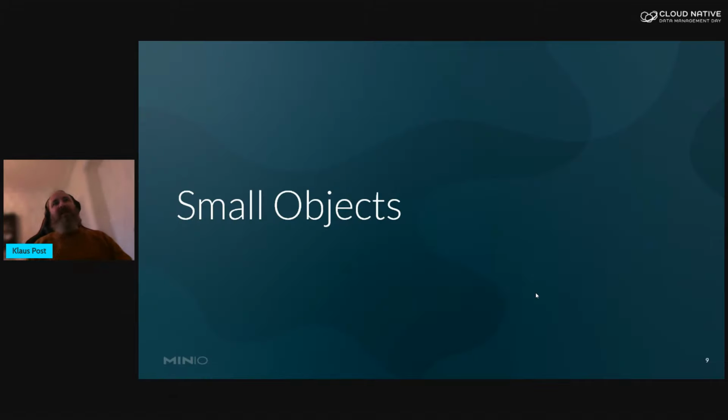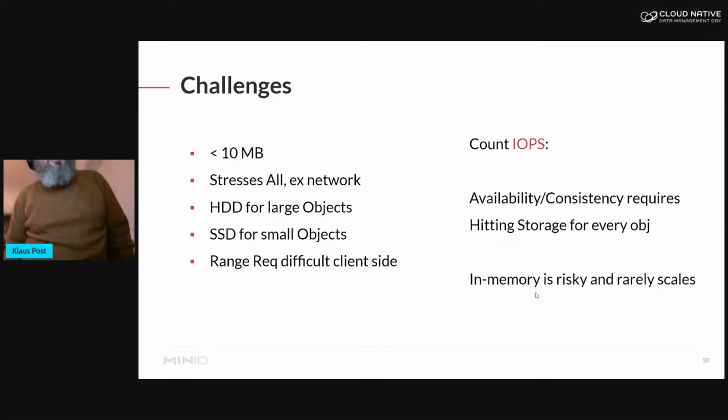So let's look at the small object case. What are we talking about? Typically, when talking about small objects, we're talking about less than 10 megabytes, because if you take big objects, gigabytes, then you're pretty much sure that you'll be maxing out your hardware, either your storage, your network, or something like that.